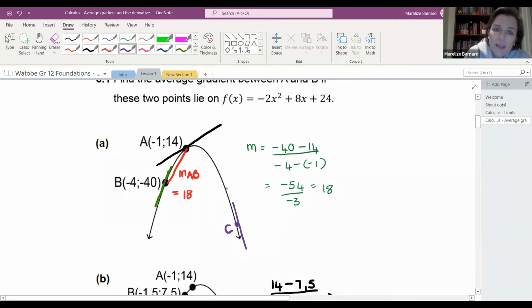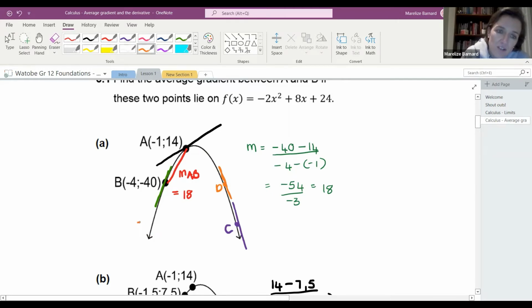Anywhere on this graph, say I make another point even here and draw another tangent line there, that one is different too.